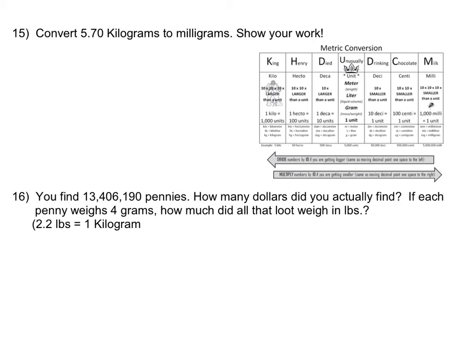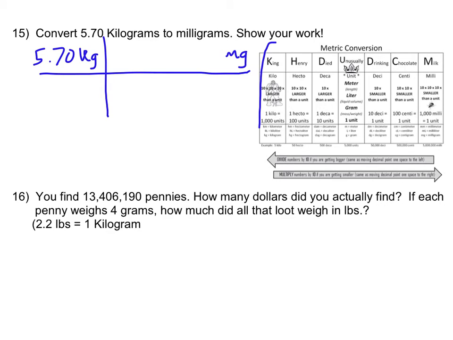So I want to do a problem where I'm using this chart over here. I'm given 5.70 kilograms, and I'm going into milligrams. Okay, so I'm here in kilograms, right? And I want to get to milligrams.